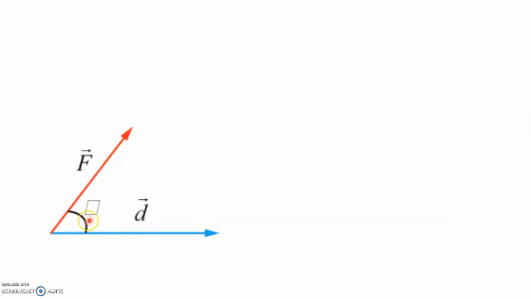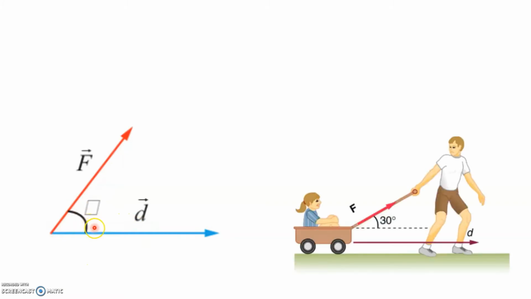We have the acute angle. The perfect example for this would be a father pulling a cart with a child. He is applying a force in this direction, whereas the object is moved in this direction. This is our displacement vector, and this is our vector F. The angle between the two is 30 degrees.